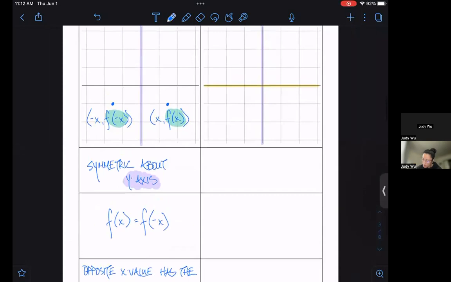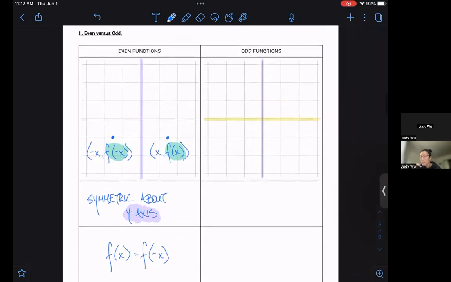All right, now let's think about odd functions, okay? First of all, we're going to draw another random point over here, and then we're going to think about where the point goes if it's odd.